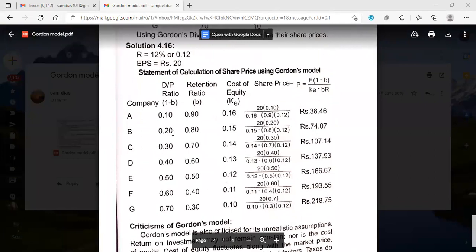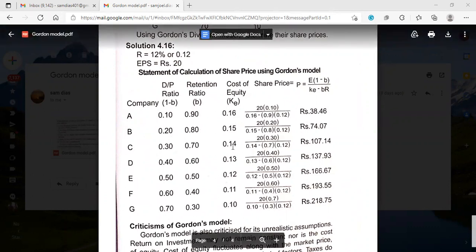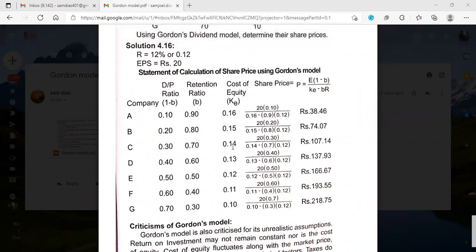Then company C, which has a dividend payout ratio of 0.30, that means 30%, that makes a retention ratio of 70%, that means 0.70. Cost of equity is 0.14, 14%. If we apply the formula and do all the calculations, we will be getting rupees 107.14 as the market value of share.